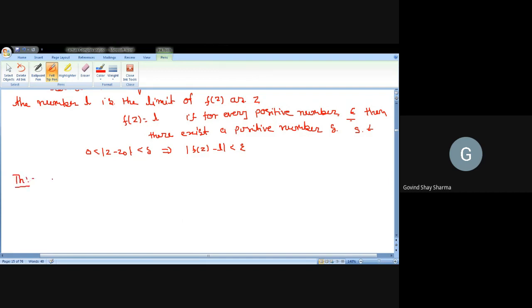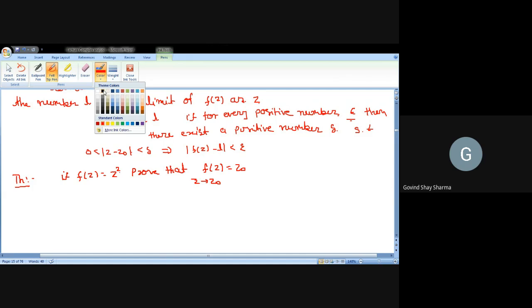Theorem: if f(z) = z squared, prove that the limit of f(z) is z0 squared. Let us change the meaning first.